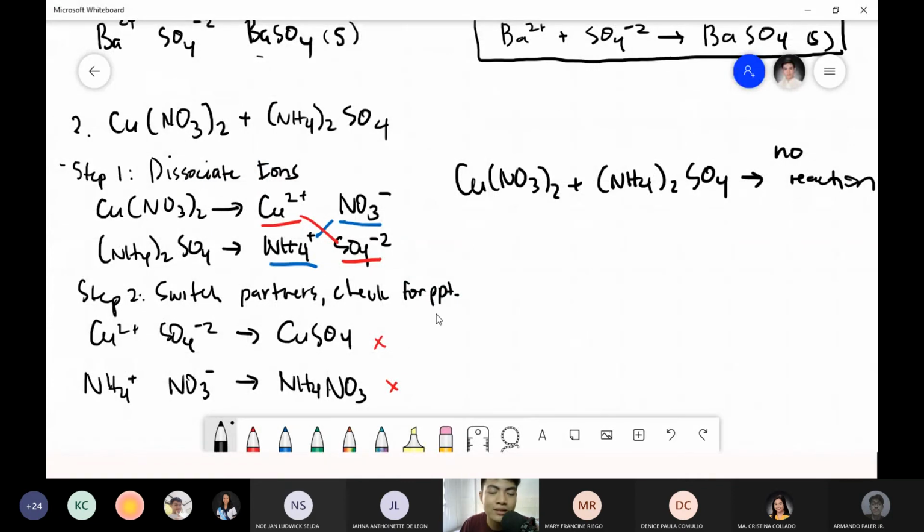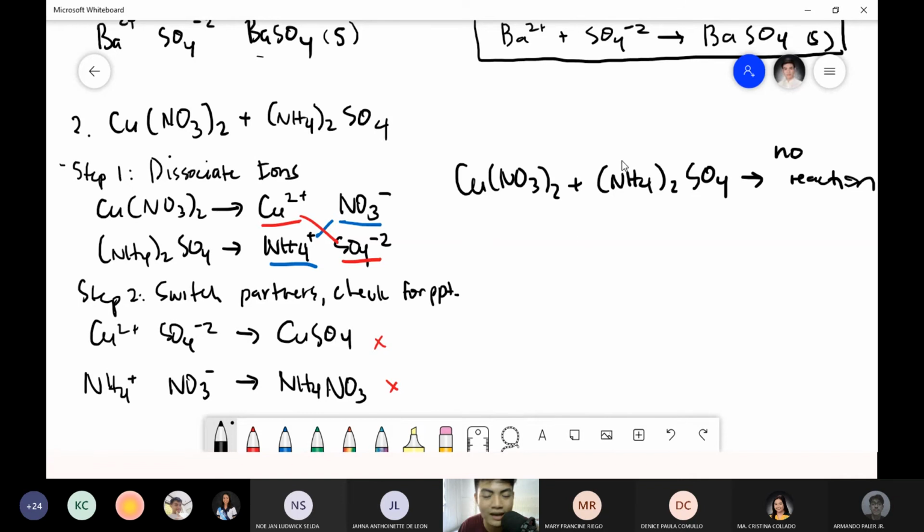So, again, this is for cases wherein you have two aqueous species, soluble species. Pag wala ka nakitang precipitate, stop ka na dyan. Kasi walang reaction yan. Pag tinanong net ionic equation yan, sabihin mo, no net ionic equation because all the reactants and products are soluble.